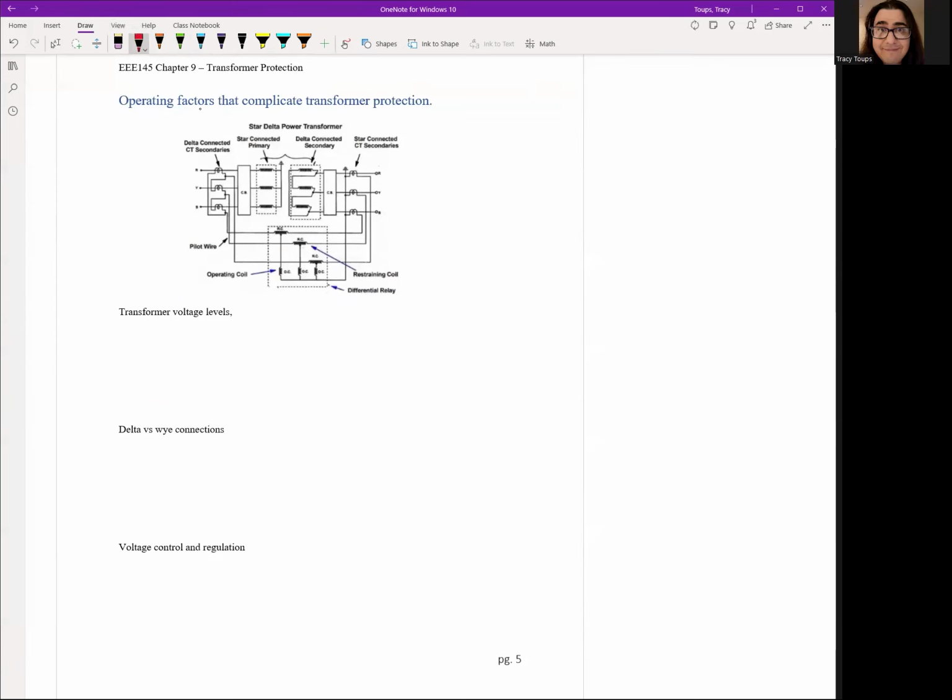Unlike a basic differential zone where current goes in and current goes out and they're the same, transformer voltage levels complicate it because current in does not equal current out. And that's a problem for the differential relay because it runs on the principle current in equals current out. Remember, there's a turns ratio involved.